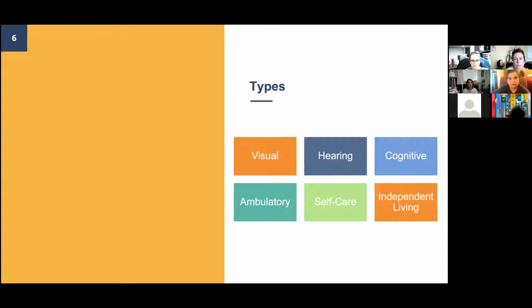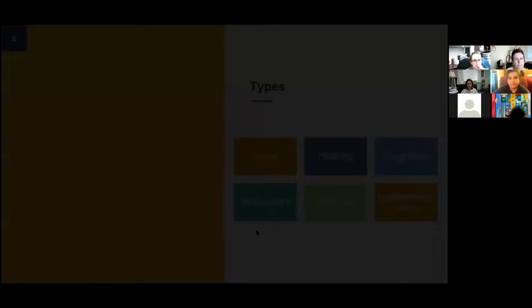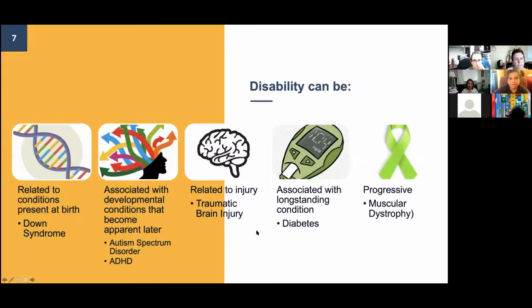So you have visual, hearing, cognitive disability, ambulatory, self-care, and independent living. These are the areas or realms where someone might have that limitation or disruption in that area. And this is across age groups. Okay, this isn't just for children, this is across age groups.